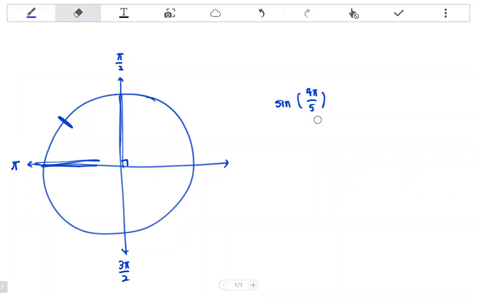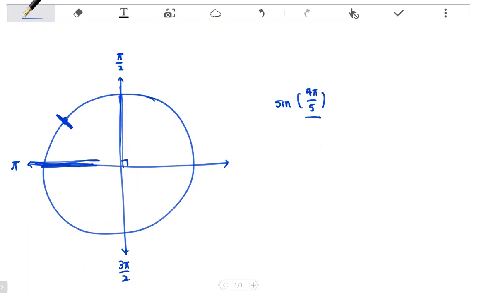But let's just work with 4 pi over 5, right? So 4 pi over 5 is not quite pi, but it's greater than pi over 2. So we know that, just looking at that, it's somewhere in the middle between those two values. And we're working with sine, right? Sine is the y coordinate of a point.